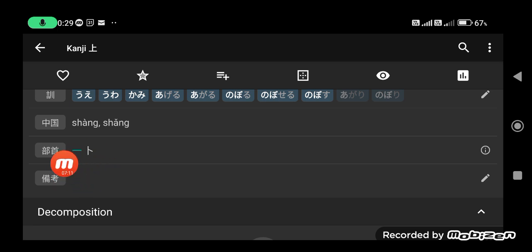Not at all times is it the meaning component; there are times that it is the form component. But we all know that not only the meaning component but also the form component influences the meaning of the kanji. So in this kanji, we have two bushu: the horizontal line ichi and the divination crack.